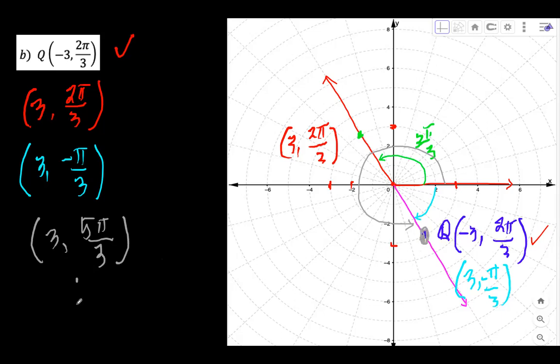All right. And again, there are infinitely many points that we could identify that will share the same location as point Q in the polar coordinate system. So the difference of the polar coordinates and the rectangular coordinates is that polar coordinates have a one-to-many relation, while rectangular coordinates or points have a one-to-one relation or correspondence.